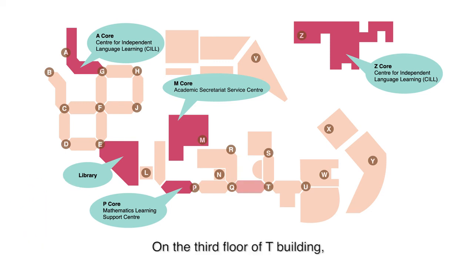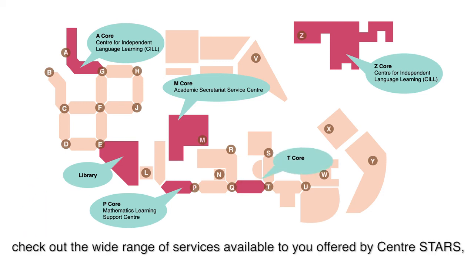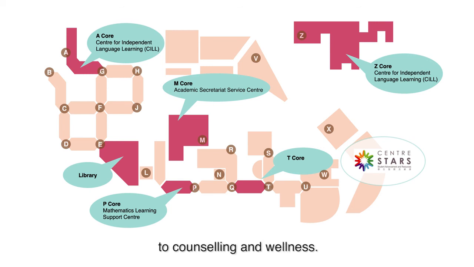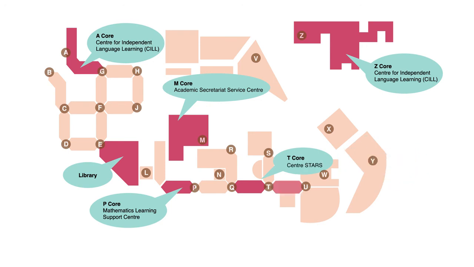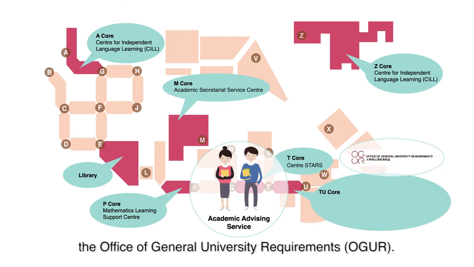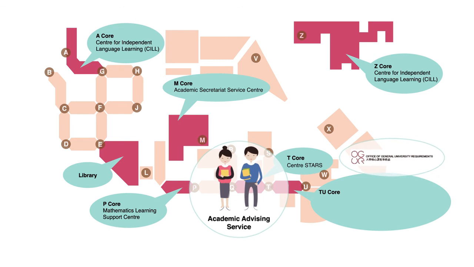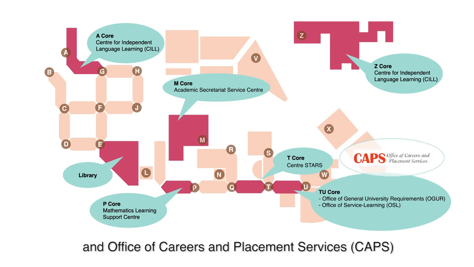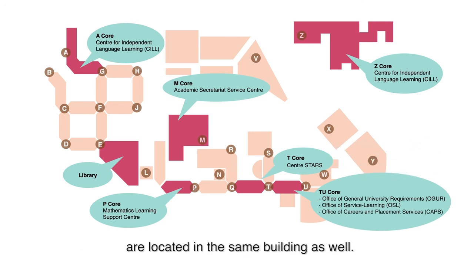On the third floor of the building, check out the wide range of services available to you offered by Center STARS, from personal development, student resource and residential life, to counseling and wellness. At TU Core, you can find academic advising service offered by the Office of General University Requirements, OGUR. The Office of Service Learning, OSL, and the Office of Careers and Placement Services, CAPS, are located in the same building as well.